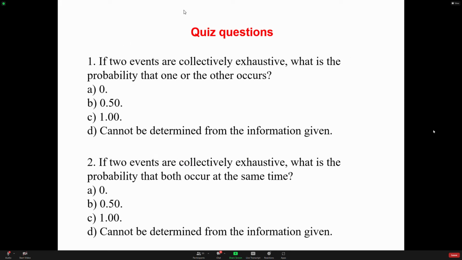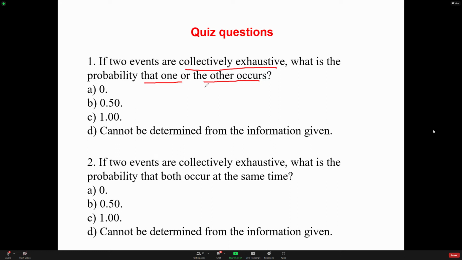I expect answers from you. So let us read the first question. Two events are collectively exhaustive. What is the probability that one or the other occurs?